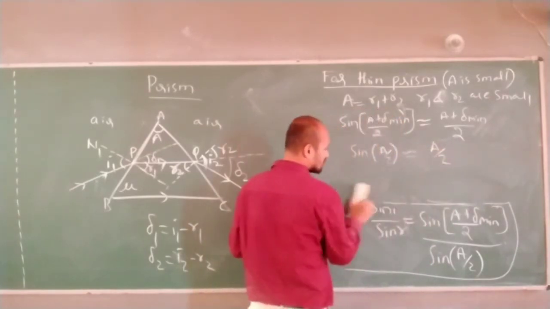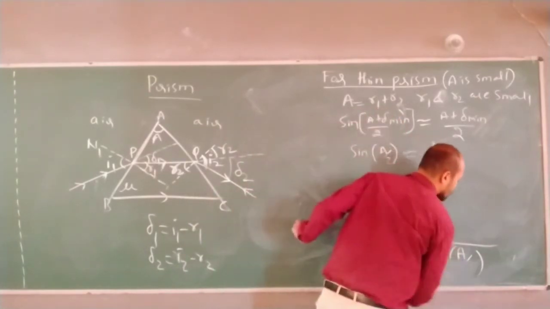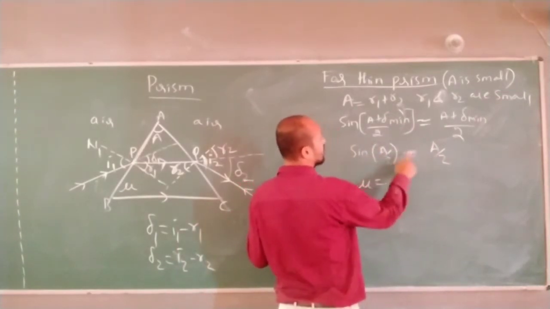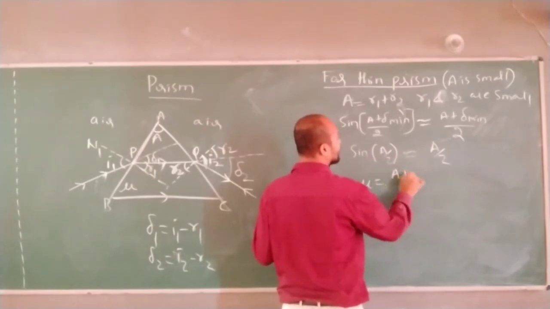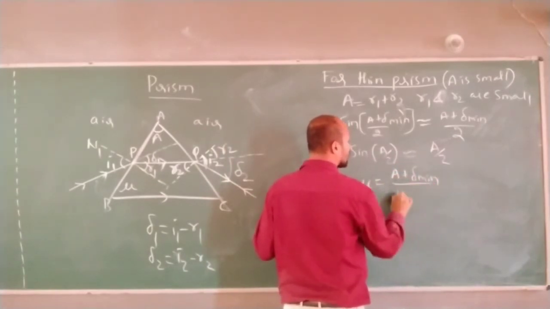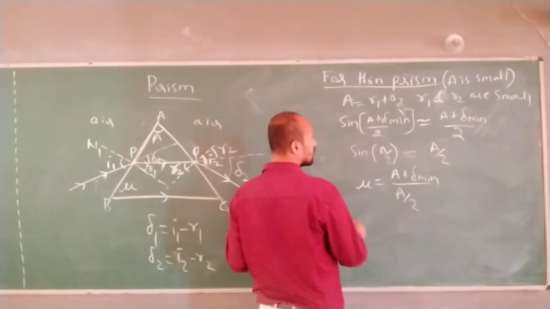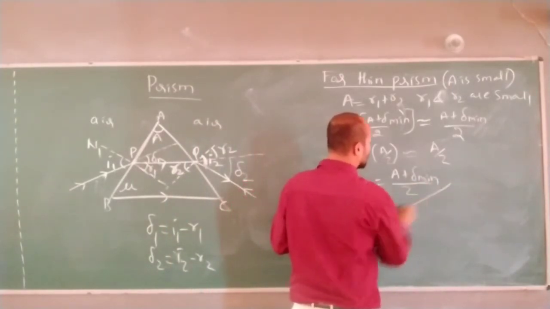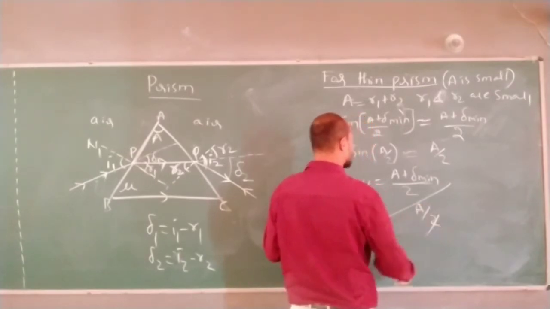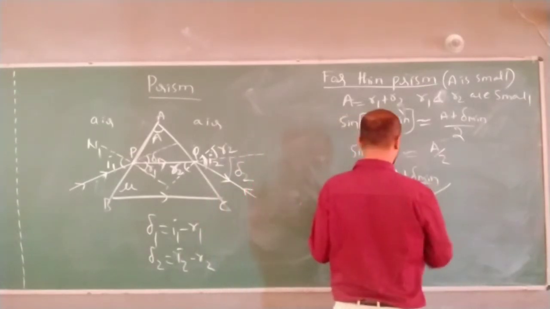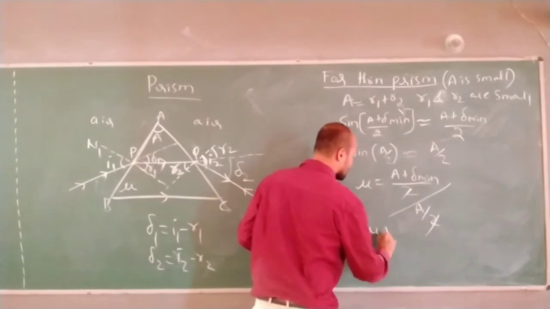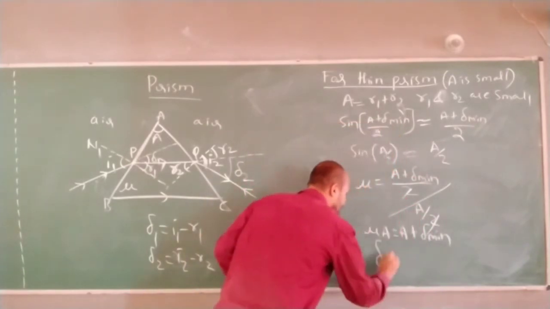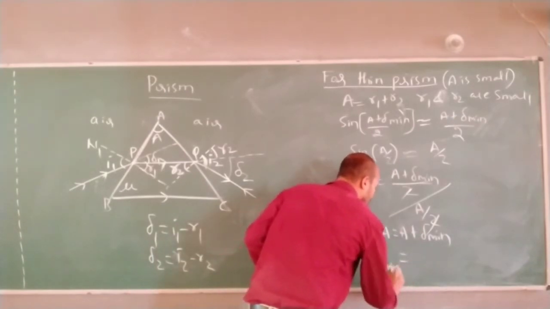So in this equation, mu is equal to, instead of sin, (A plus δ minimum) by 2 whole divided by A by 2, the 2 getting cancelled. So this will be mu A is equal to A plus δ minimum, or δ minimum for a thin prism is how much?